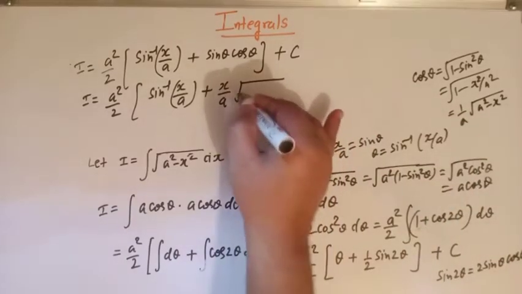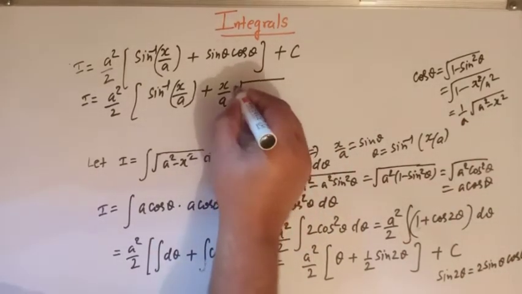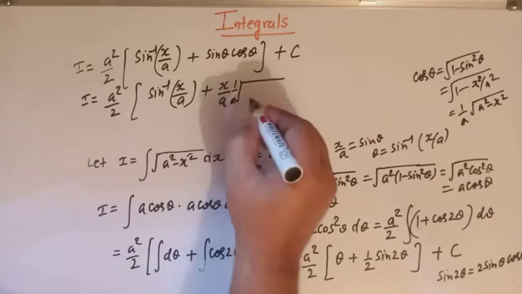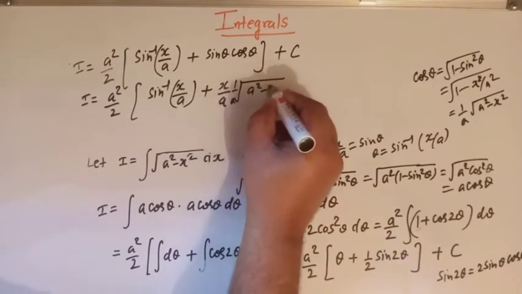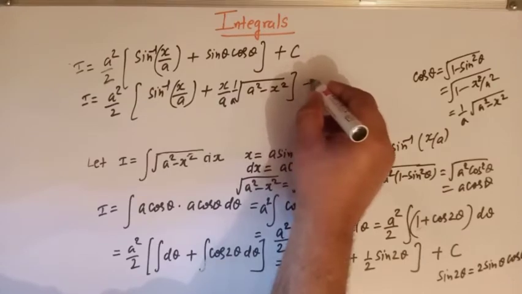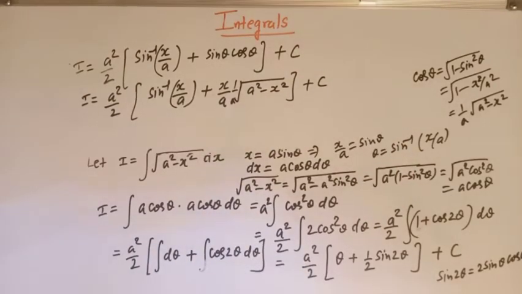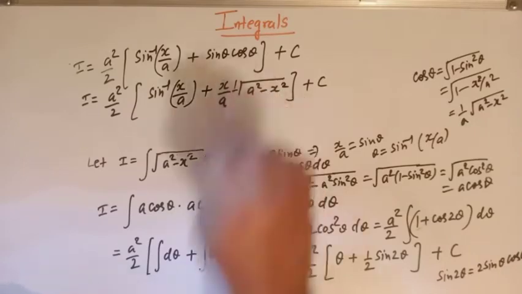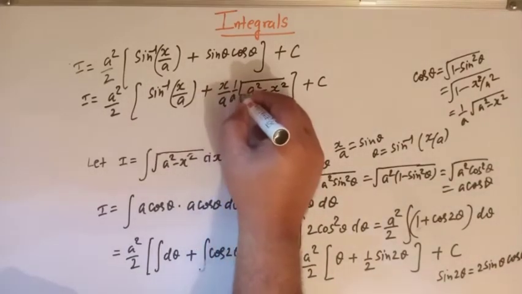So substituting here, we have 1 over a times square root of a square minus x square, plus c. Clear? So here we have a 1 over a.